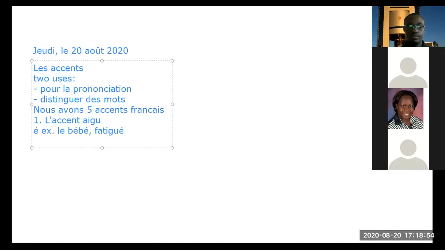You can first remove that accent and just put an ordinary E. That is now fatigue. You can hear that the E is totally mute. But the moment we put the accent, it becomes fatigué. That's how that accent is sharpening letter E. That is the first accent.